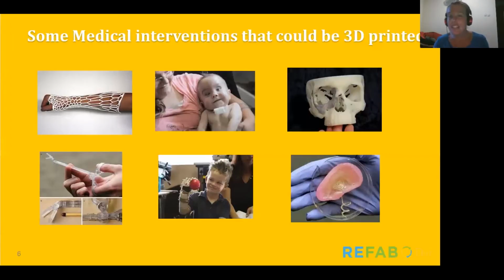So some of the things that can be 3D printed in medical are casts. There's a picture of a baby with a trachea here. You see this skull. One of the ideas that I had, and one of the reasons why I wanted to do this project and even research 3D printing, was that I was in a rural hospital on a mountaintop getting an operation. And they didn't have the tools, and it was a teaching hospital, and they didn't have any anatomical models.